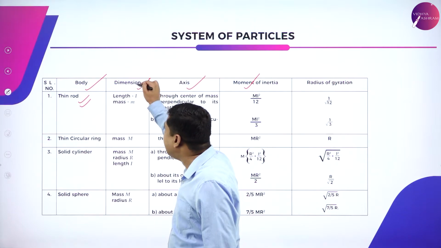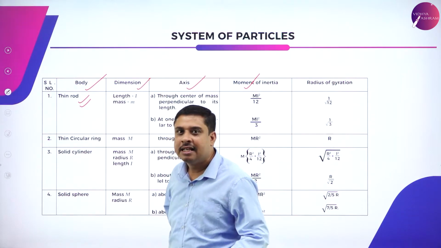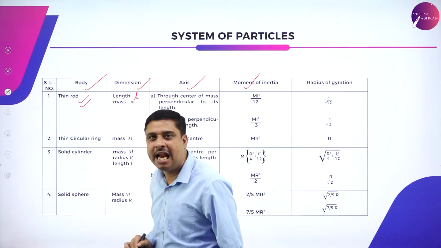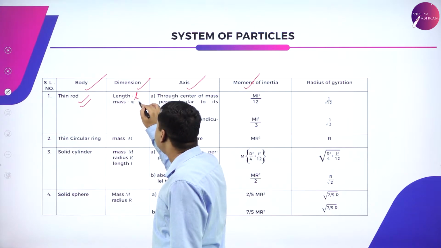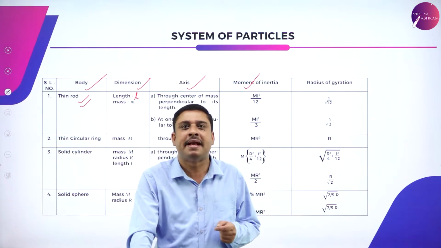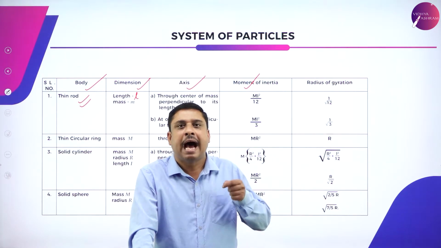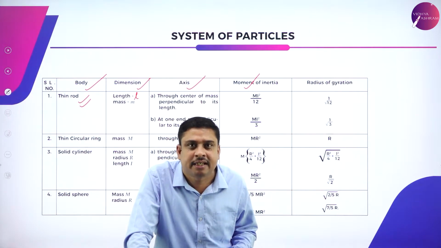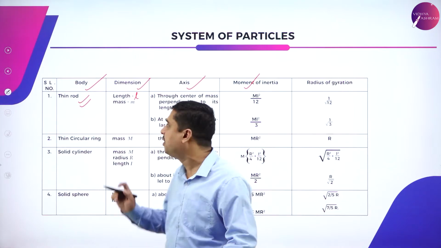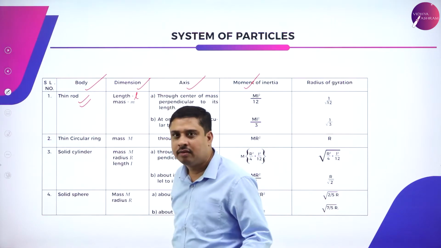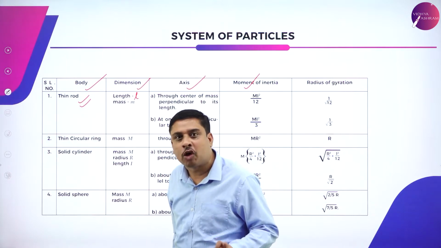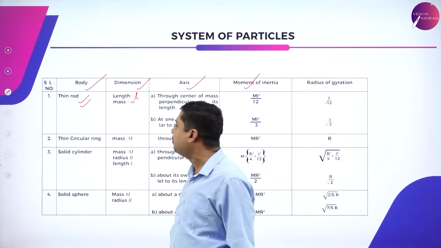Dimension: the thin rod will have length L, mass M. So the dimensions I prefer here is the length of the rod, which is L, mass of the rod, which is M.